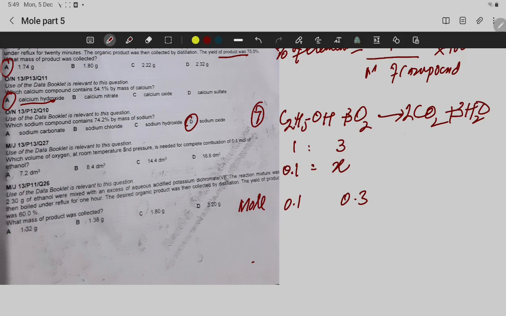And similarly for the 1:2 ratio, this is 0.2 mole of carbon dioxide.